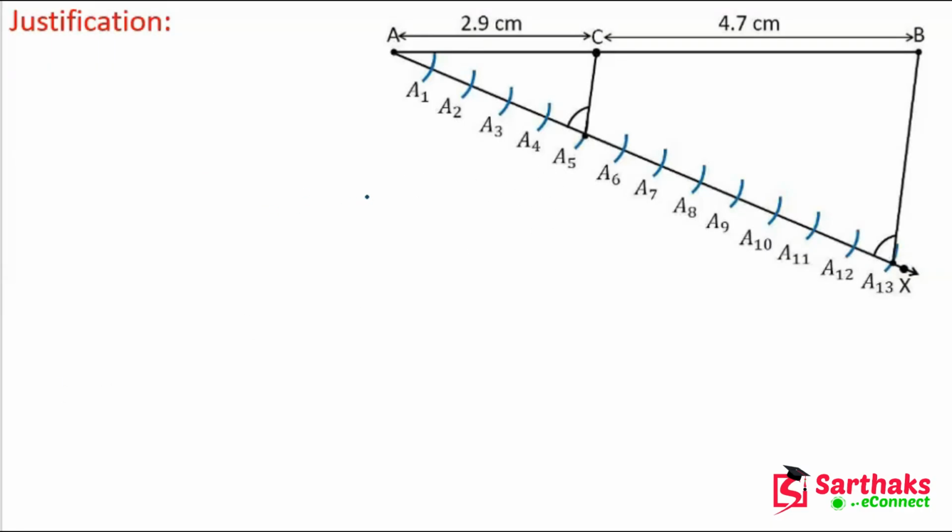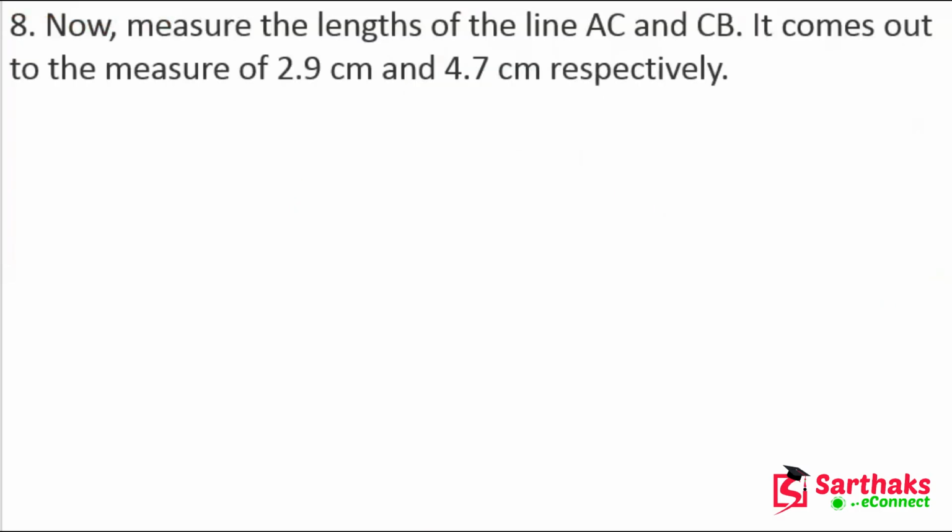I hope you understand these steps of how to solve these questions. We have A5C and A13B which are parallel. Now the next step is to measure the lengths of line AC and CB.